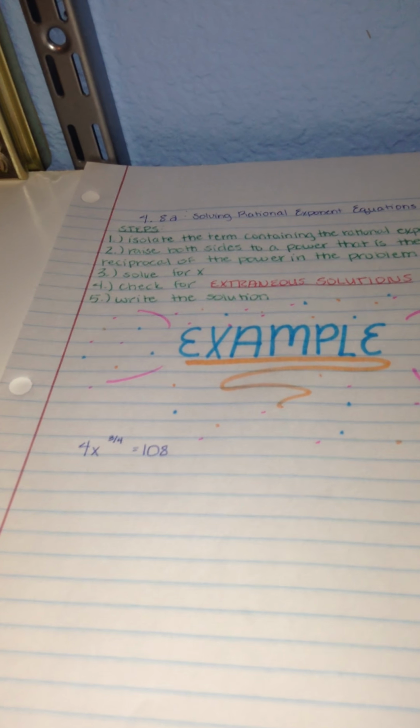The example here is 4x to the power of 3 divided by 4 equals 108. So the first thing that I would do here is divide both sides by 4. So here, divide by 4, divide by 4. So then you have x to the power of 3 divided by 4 equals 108 divided by 4, which is 27.